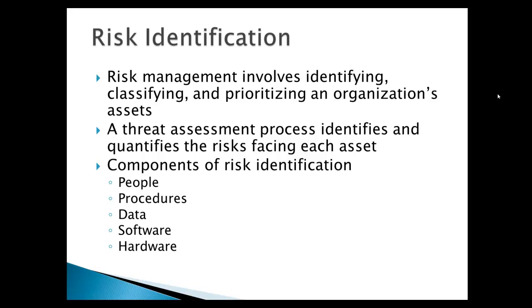So if we talk about risk identification, it basically asks us to know ourselves by identifying, classifying, and prioritizing the organization's information assets. These assets are often the targets of various threats and threat agents, and our goal is to protect them from those threats.